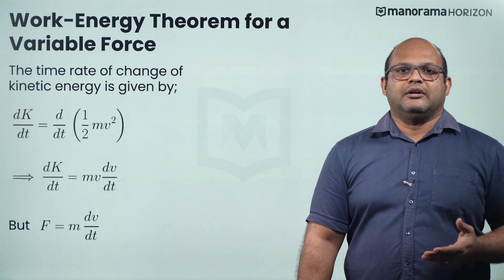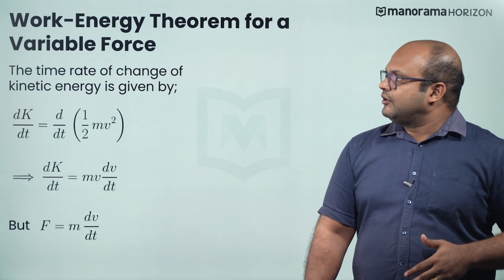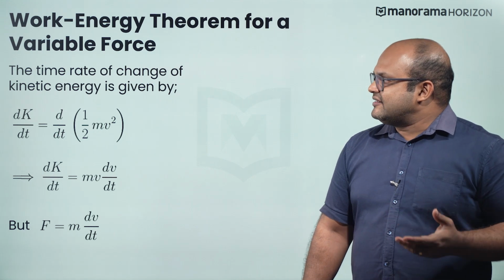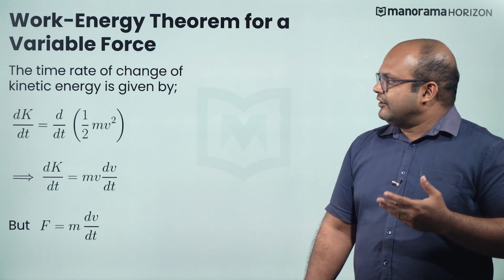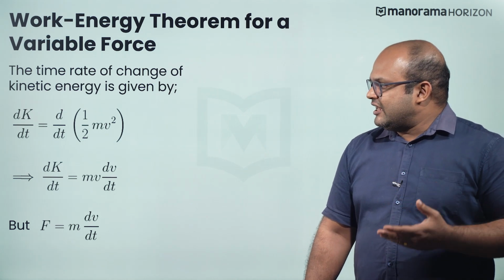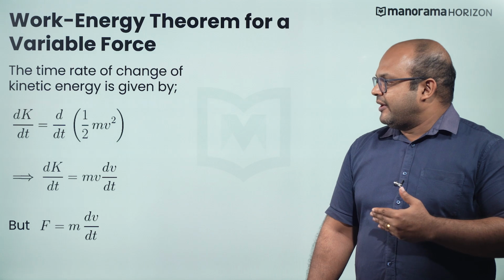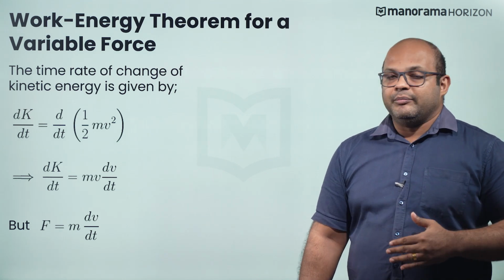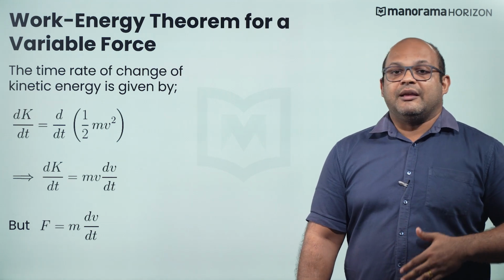So we understand from our earlier work that this energy is converted into kinetic energy based on the work energy principle. So we can say that the rate of change of kinetic energy is equal to d by dt of half mv squared. So dK by dt is equal to mv times dv by dt, or in other words, F is equal to m times dv by dt. Force is mass times acceleration.